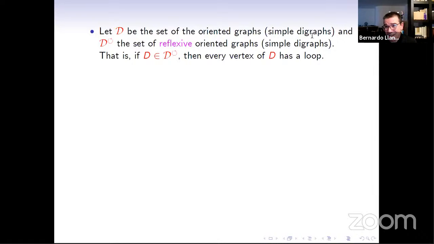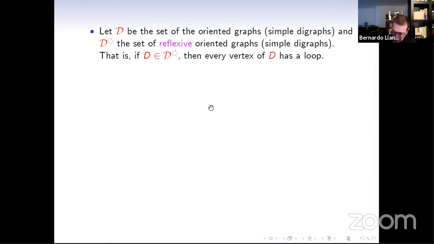We don't consider loops here. And the second one, I put this little loop here to indicate that this is the set of the same kind of graphs as class D, but we put a loop in every vertex.